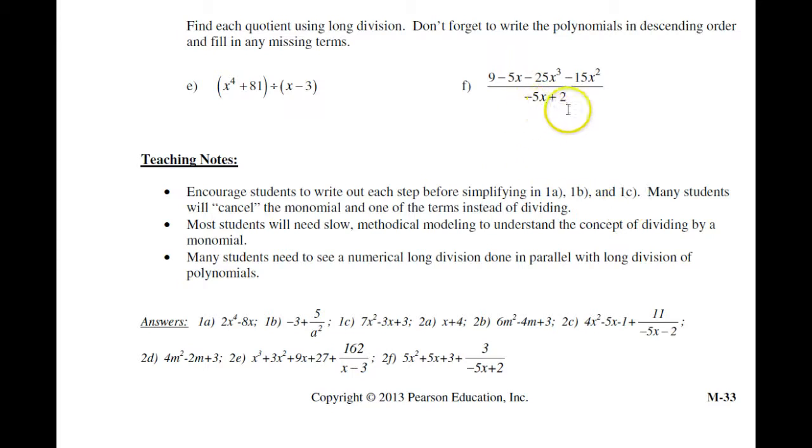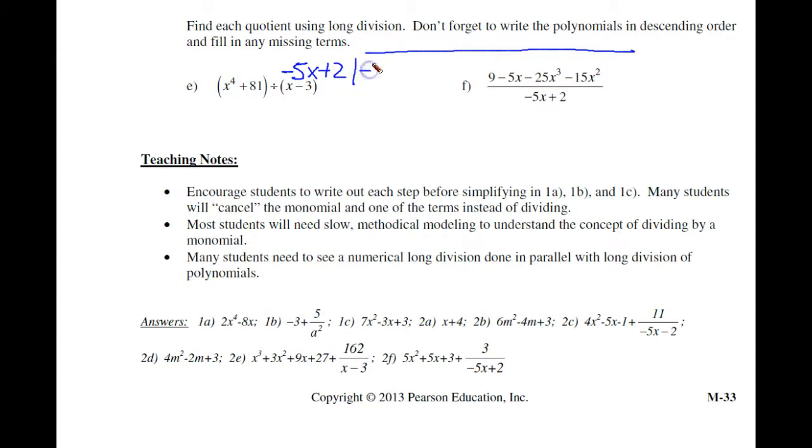Okay, our last one. And again, we're looking for strategy here. Well, we have a negative 5x plus 2. This is okay. But what do we need to do here? Well, here we need to put it in descending order of our powers.